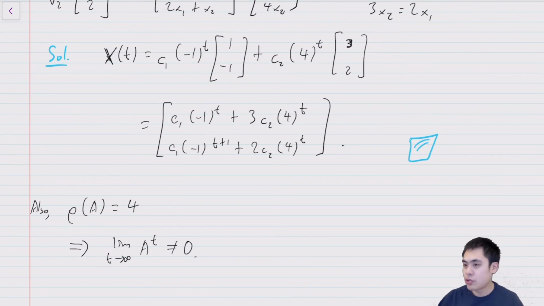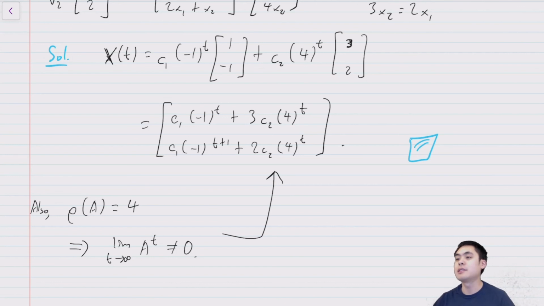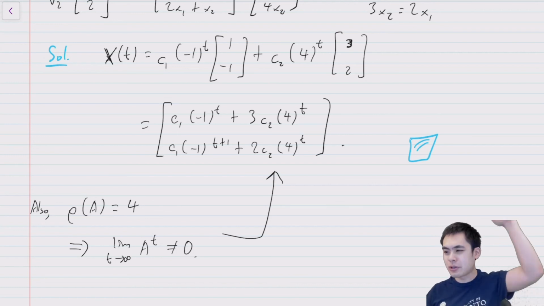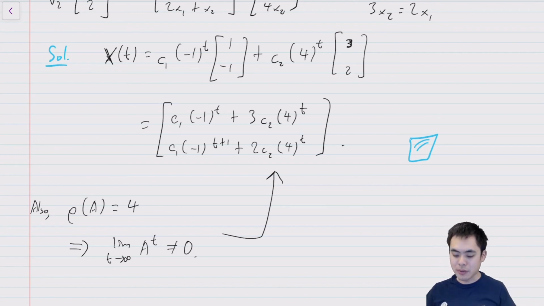We can interpret that: if c2 is not equal to 0, then this thing diverges as t goes to infinity. It gets bigger and bigger, either in the positive direction or in the negative direction.